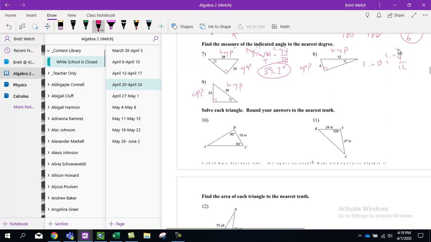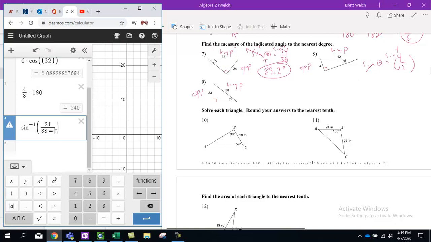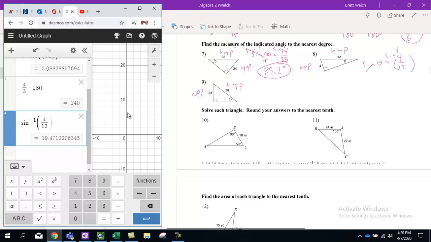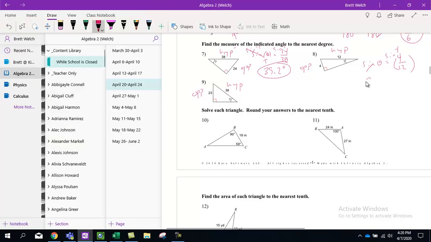Again, we take a sine inverse in order to figure out the angle. It was 4 over 12, comes out to 19.5. So here theta equals 19.5 degrees.